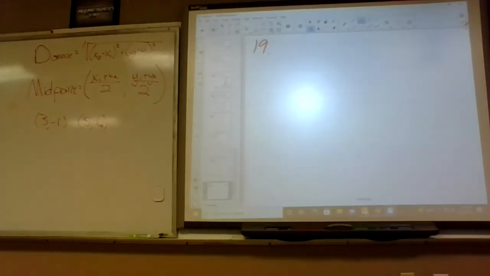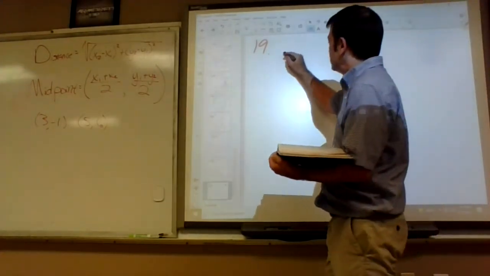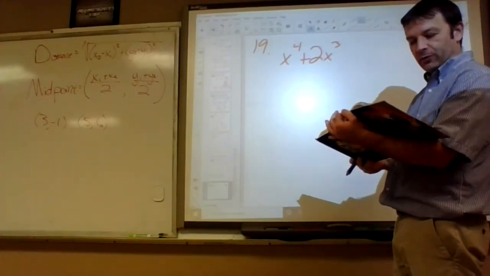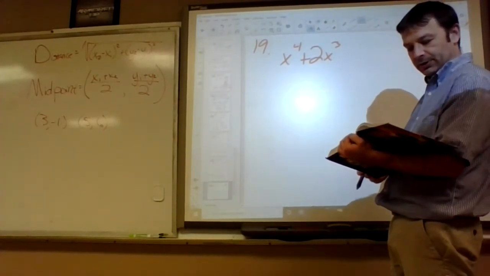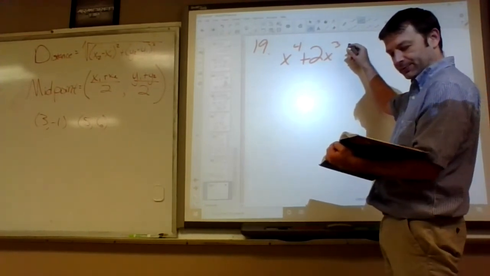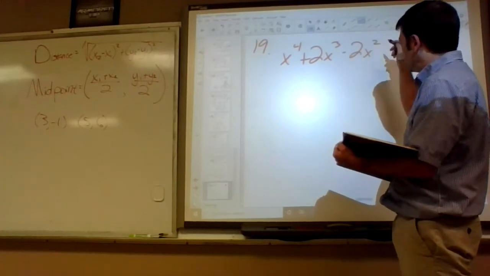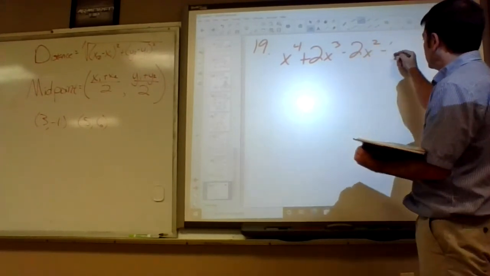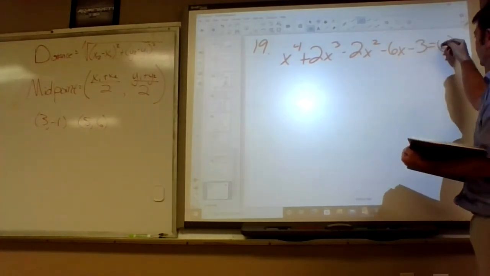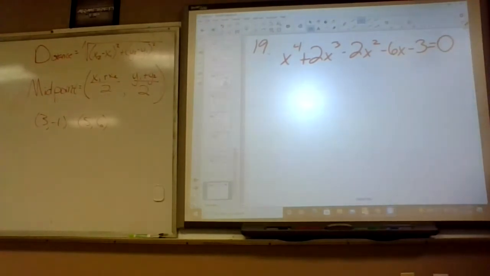X to the 4th plus 2x cubed. So this one should have 4 answers unless there's a double root, because of the exponent. It's based on the highest exponent, which is called the degree of the polynomial.